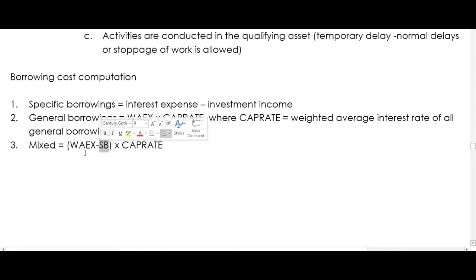Tapos yung maiiwan dito, yun yung i-multiply mo ng capitalization rate. Okay? So basically, yun yung consideration natin dito. So that is the summary of the concepts relating to borrowing cost.